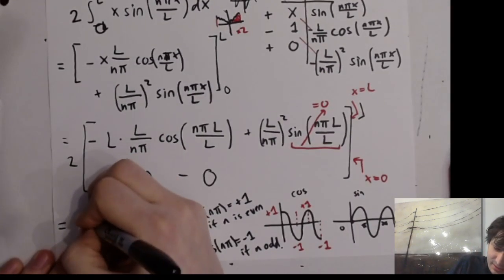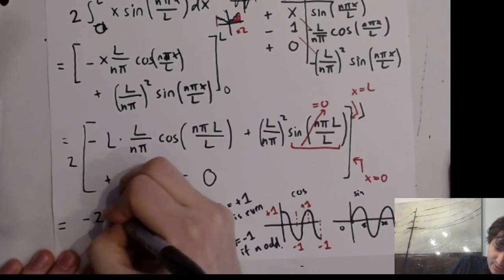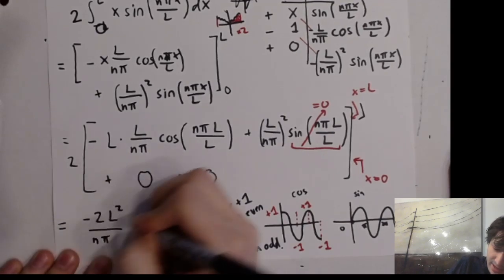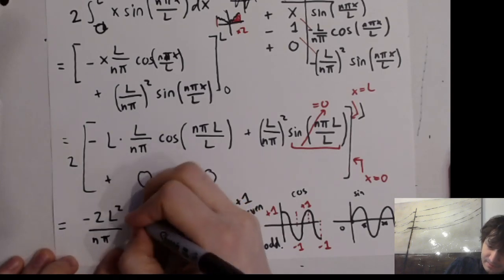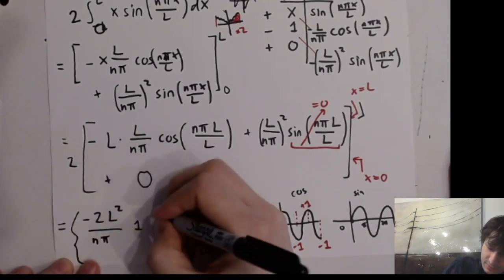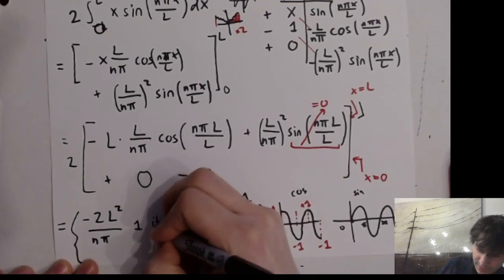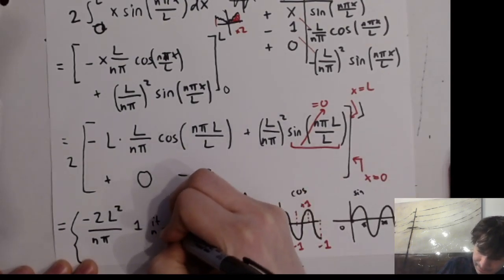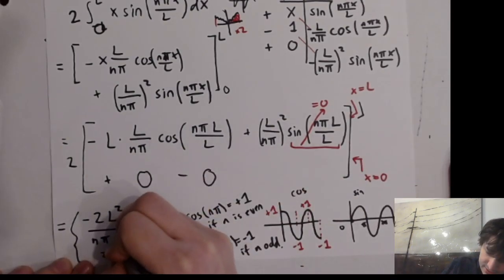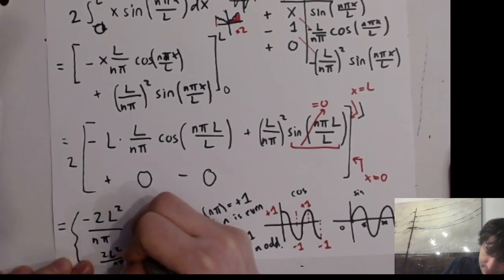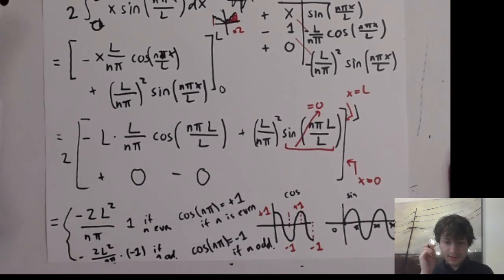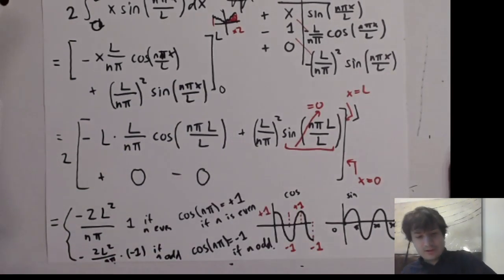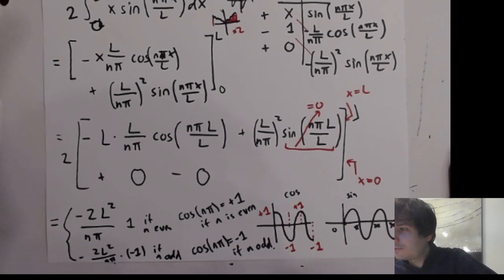So we got minus 2L squared over n pi, and then it's plus 1 if n is even, and it's minus 1 if n is odd. So I think that is the integral, minus 2L squared over n pi.